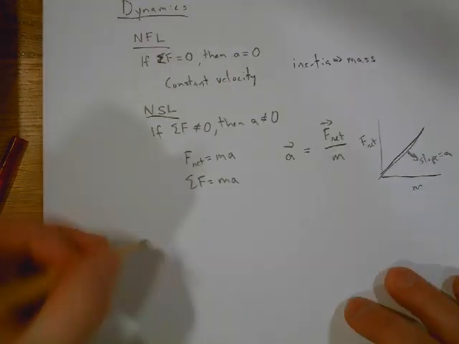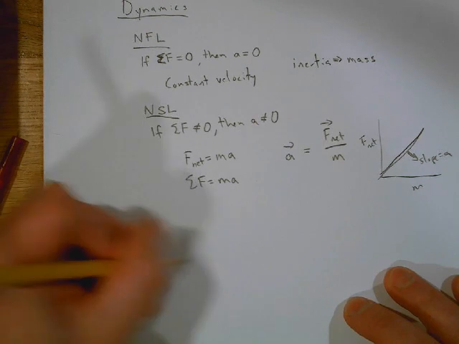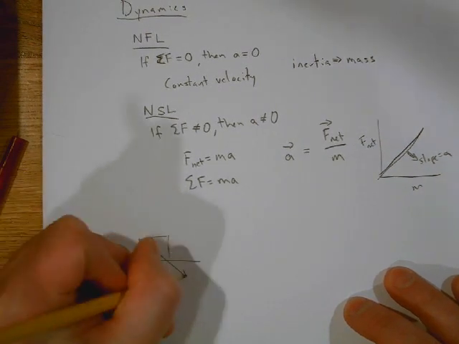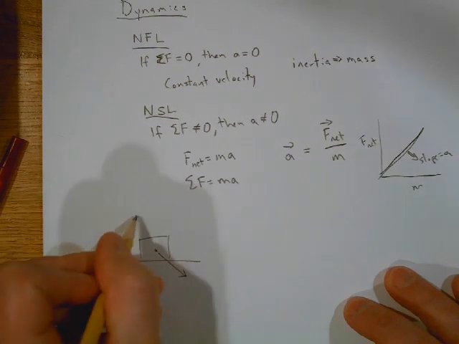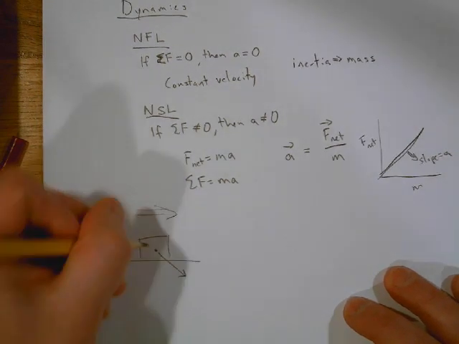These are problems where you have a random box sitting here and you are going to push it, and the box is going to end up moving this way. So then you'd have to draw all the forces.